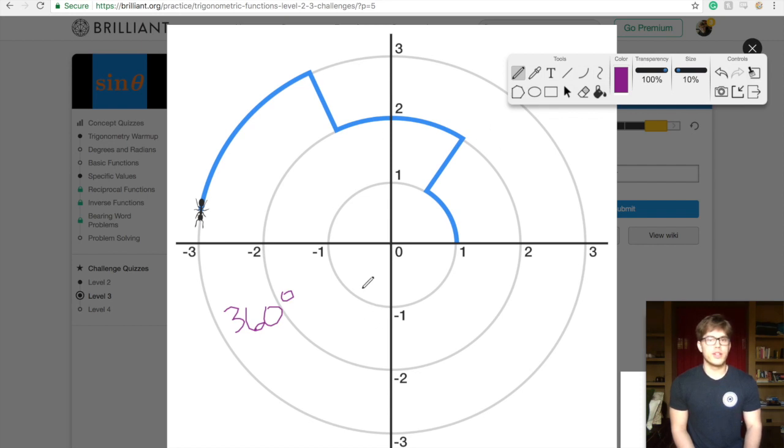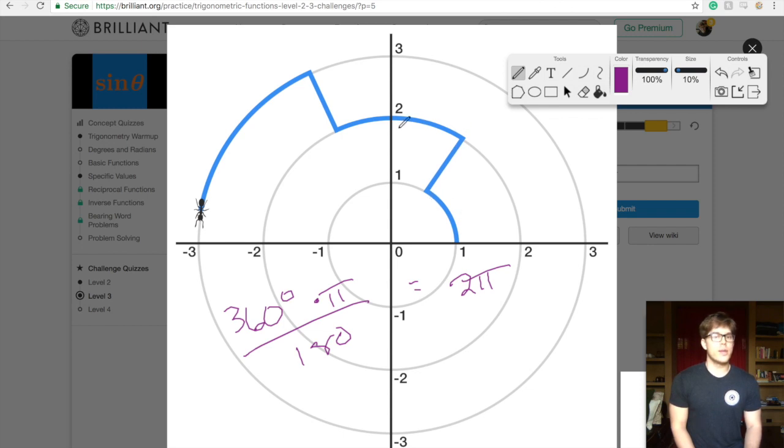It uses the word radial in the question, so let's think about this in radians. How many radians is 360 degrees? Well, we need to multiply by pi and divide by 180 to find this in radians. And this equals 2 pi. So we know that a circle is 2 pi radians.